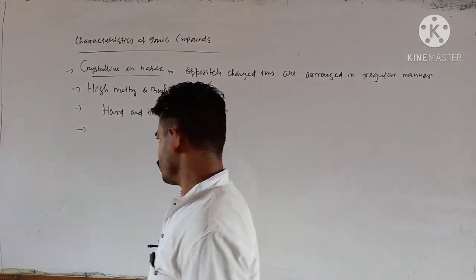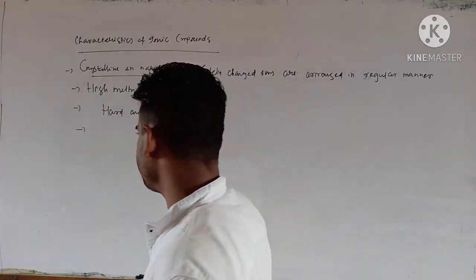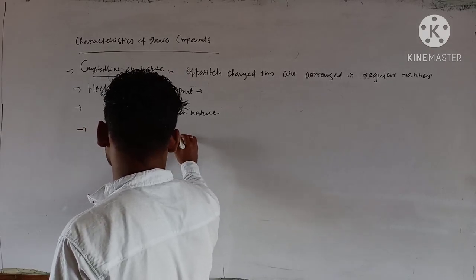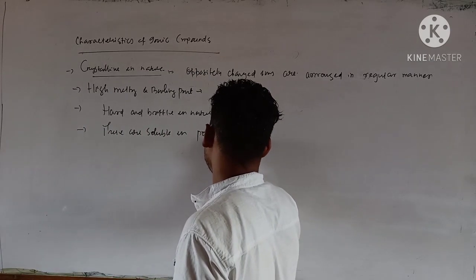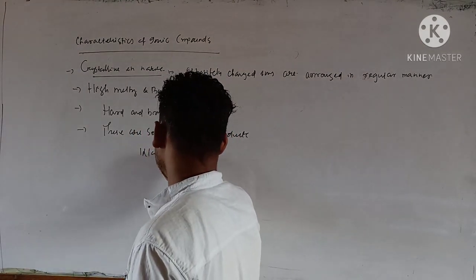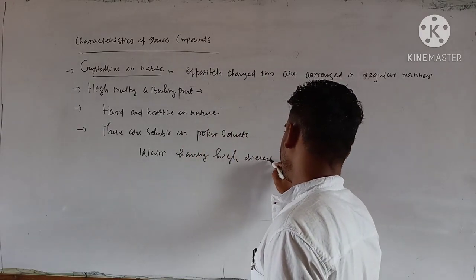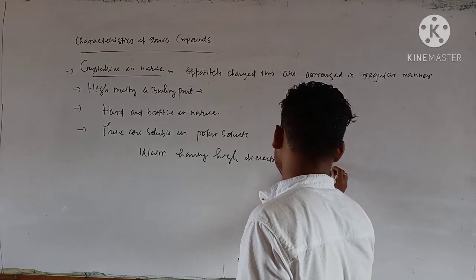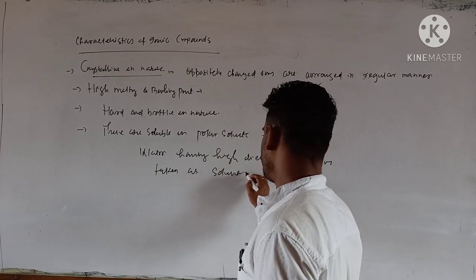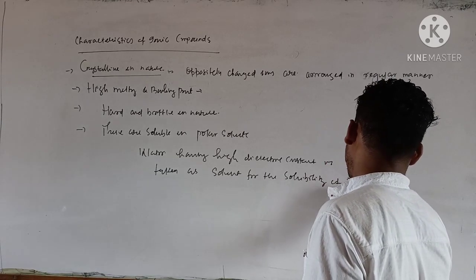And since ionic bonds are polar in nature, these are soluble in polar solvents. Particularly water, having a high dielectric constant, is taken as the solvent for the solubility of ionic compounds.